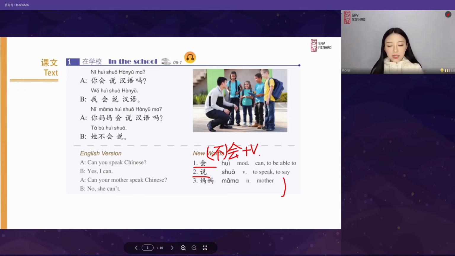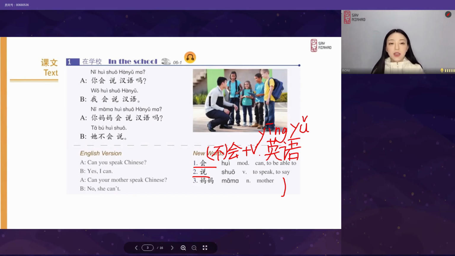Okay. So Americans, they speak English, right? So English is 英语 in Chinese. Okay, 英语, read after me, please. 英语.